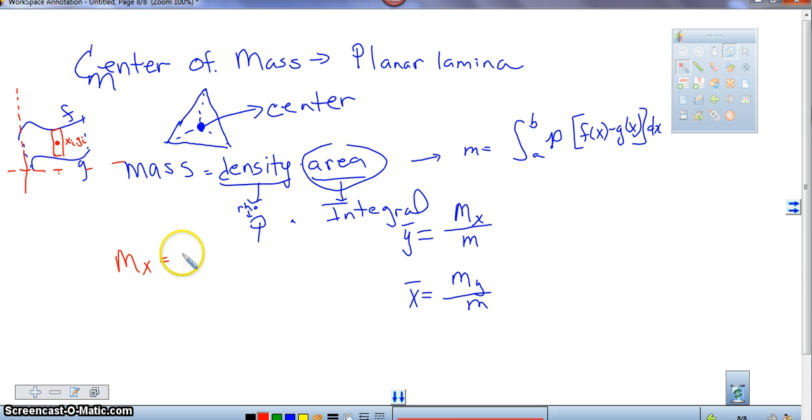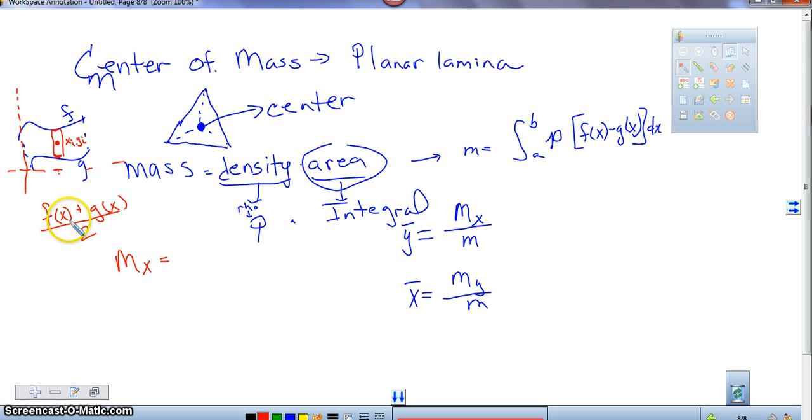So the moment about the x is going to involve the midpoint of that rectangle. Well, when I say that, it's going to be a y value, right? Because it's about the x. So it would be the f function evaluated, plus the g function value, divided by 2, because it's a midpoint. So it goes from here to here. It's the midpoint between f and g, and that's how I'd write that.